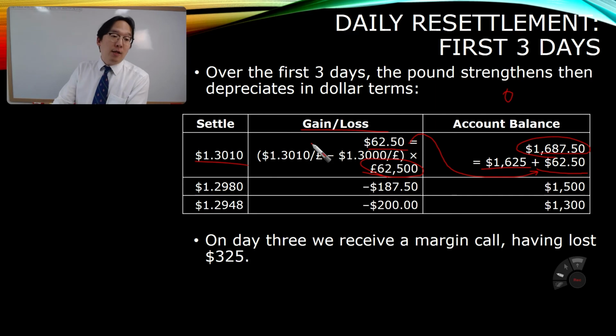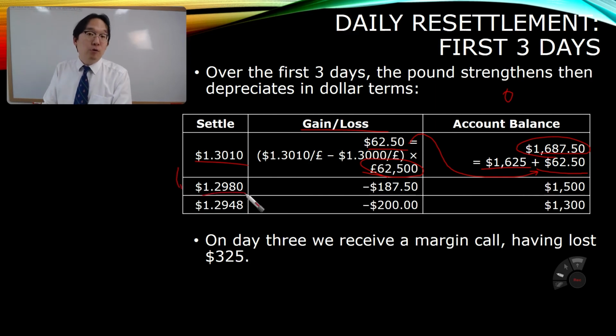You'll be happy, but the next day, the pound depreciated in the futures market, so that is $1.298 per pound. Then what happens to your gain and loss in your futures contract? That's minus $187.5 per contract. Why is this the case?